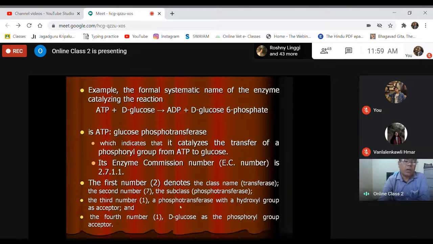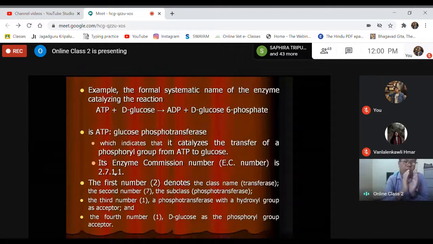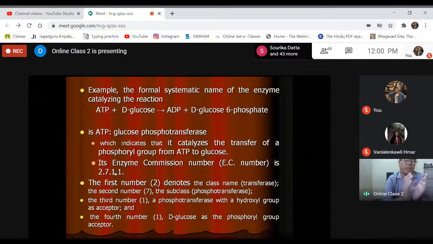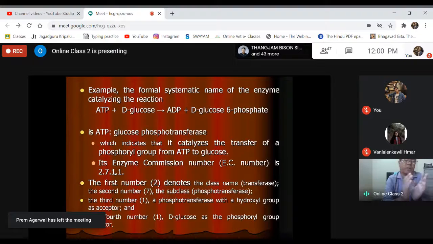Like that, the 4-digit classification given to each enzyme gives a full description of what type of reaction is occurring, if it is a transfer reaction, what type of group is transferred, which group is accepting it, and finally what molecule accepts the group. So it gives the full detail of the type of reaction.